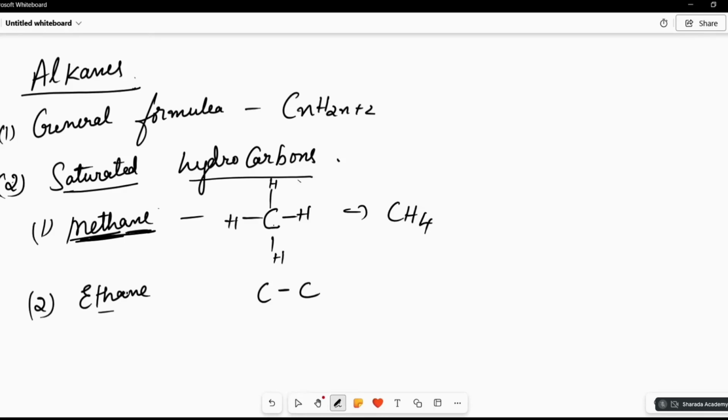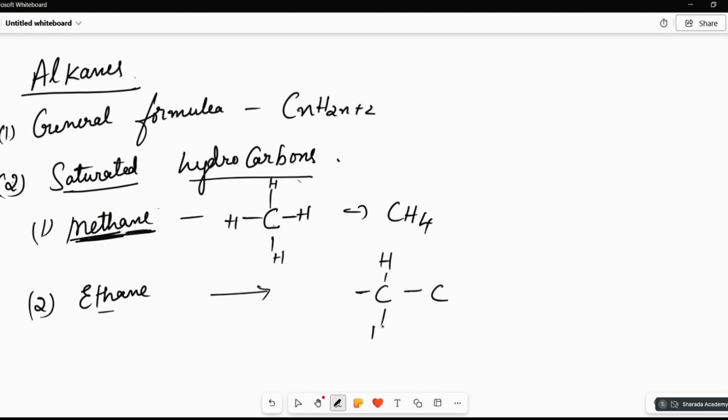Okay. Ane means single bond. Now write all the single bonds and satisfy. 2 carbon atoms will be there. The remaining will be the hydrogen atoms. So how many carbon is there here? C2. How many hydrogen will be there? It is 6.